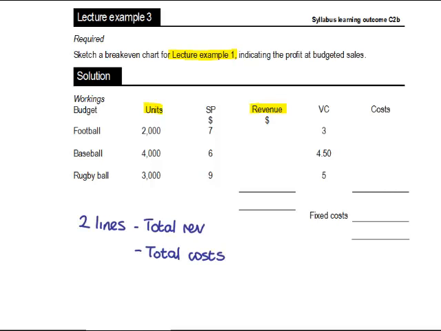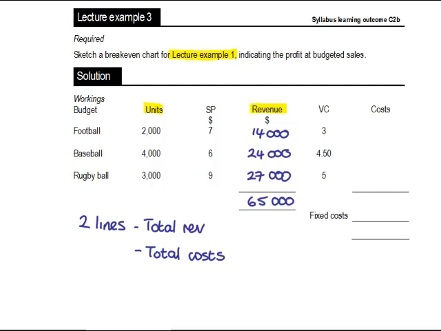So 2,000 units multiplied by 7 is going to be 14,000. 4,000 multiplied by 6 is 24,000, and 3,000 multiplied by 9 is $27,000. So in total that comes to $65,000. Now we only need 2 points in order to draw a straight line, so don't forget these are linear relationships.